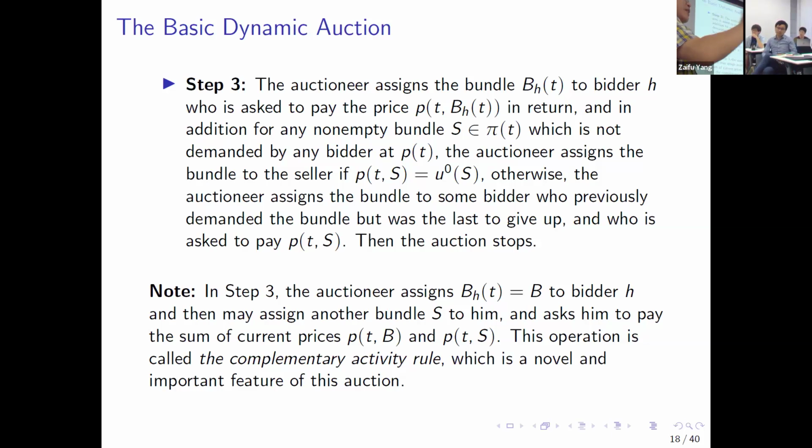So then if at the last step, when the auction stops, there's a low over demand, but such a bundle is not demanded by anyone, then by our pricing rule, any bundle whose price is above the reserve price has to be assigned to some bidder, because otherwise we cannot have a Walrasian equivalent price. So this is something we have to prove.